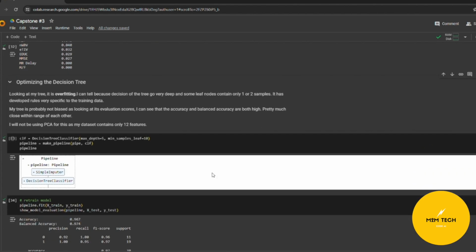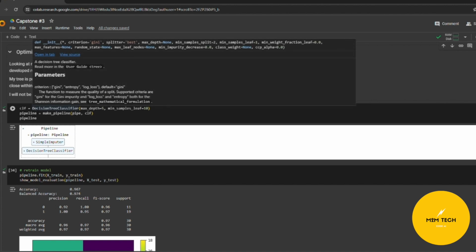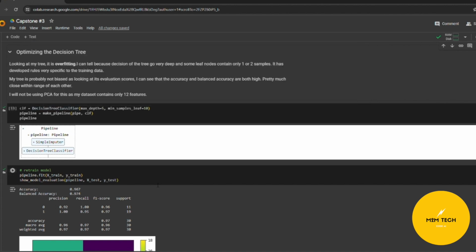To solve the issue of overfitting in my model, I've then created an instance of the decision tree classifier, but with specific hyperparameters. These hyperparameters are the maximum depth of the tree and the minimum number of samples there are in each leaf.